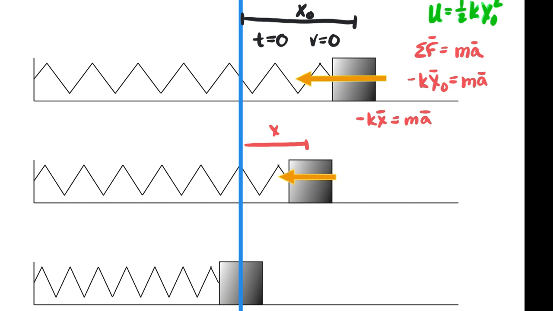The spring is not stretched as much, so the force on the box is less. However, there's been a force acting on the box. So the box now has a velocity to the left.